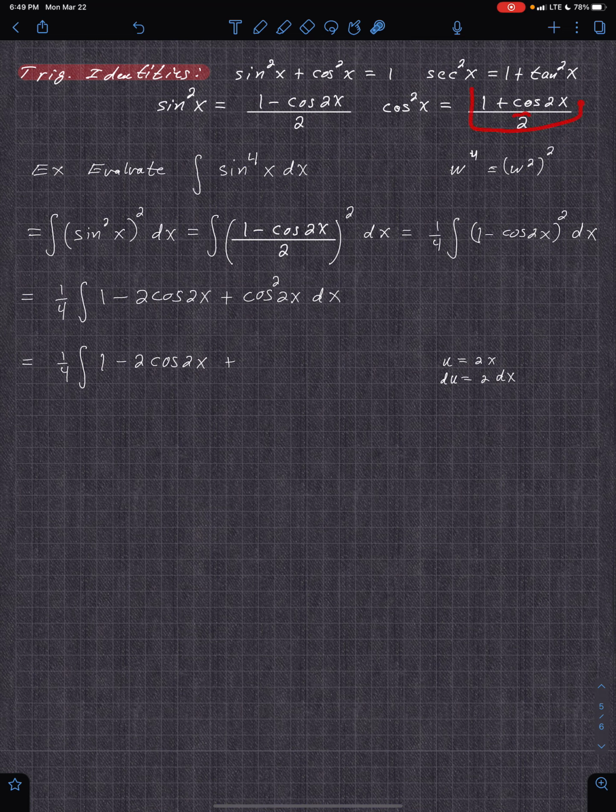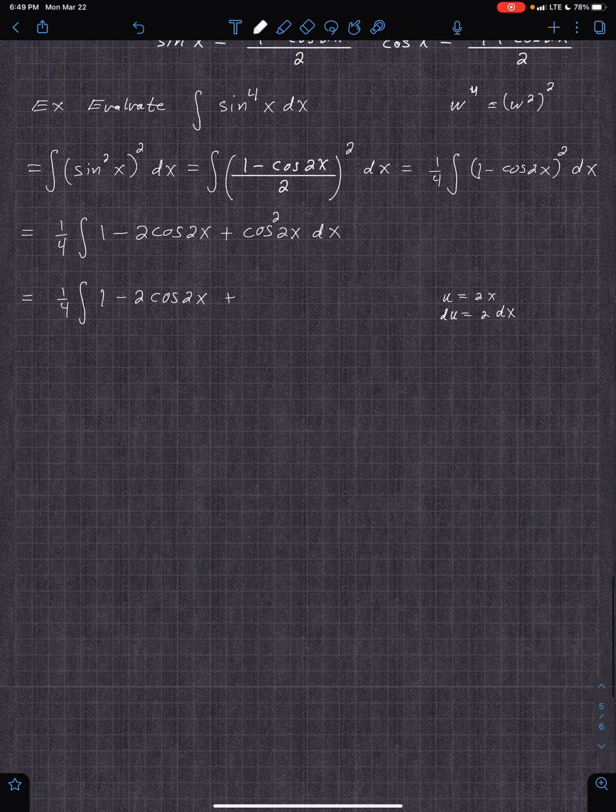When you do this substitution you get a half here and a half here, and this ends up being a 4. So you end up having a half plus 1/2 cosine of 4x dx.